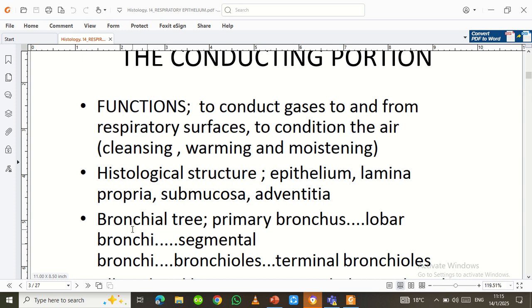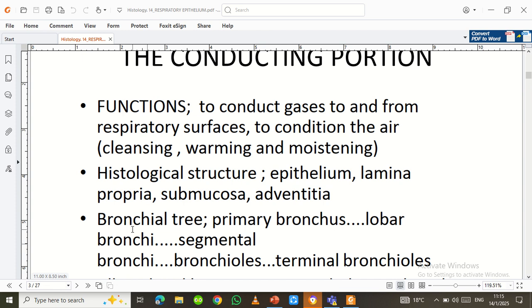So you have your bronchial tree. Remember, we have the trachea. The trachea bifurcates at the level of the lower body of T4 into principal or main bronchi. These principal or main bronchi are also called the primary bronchi. They further divide into what you call lobar or secondary bronchi, that will be three on the right, two on the left.